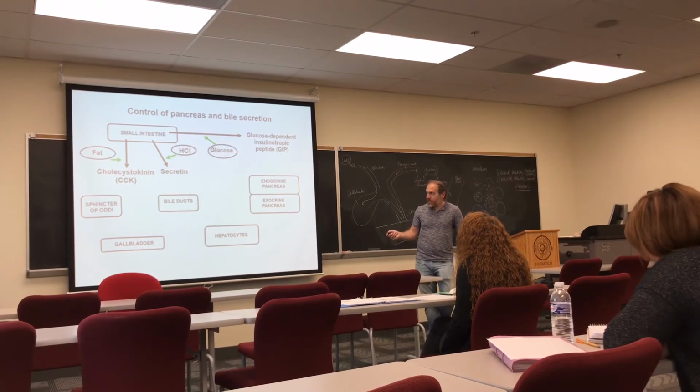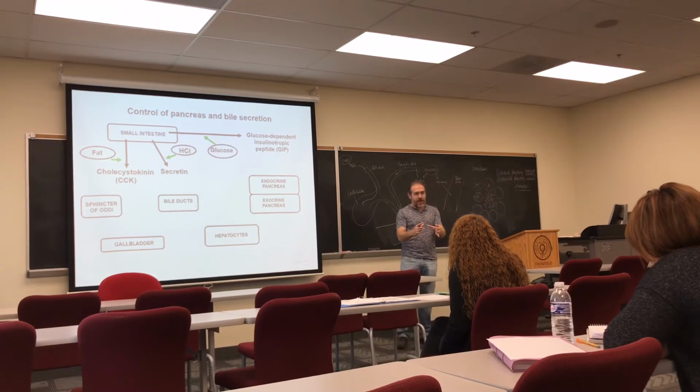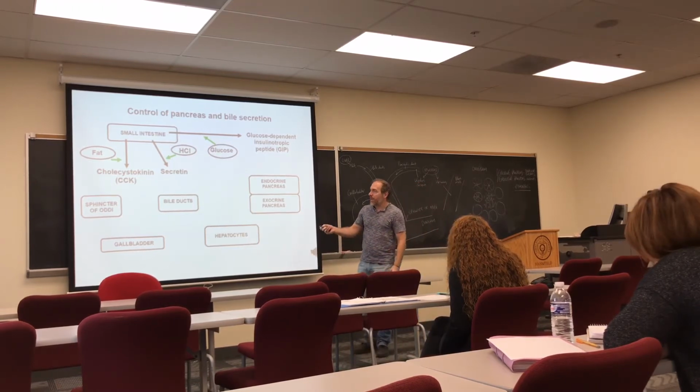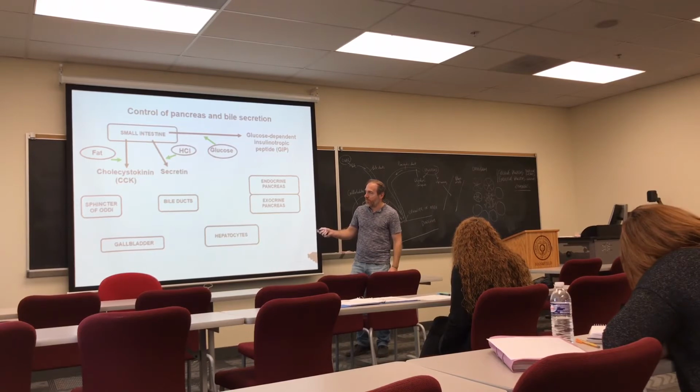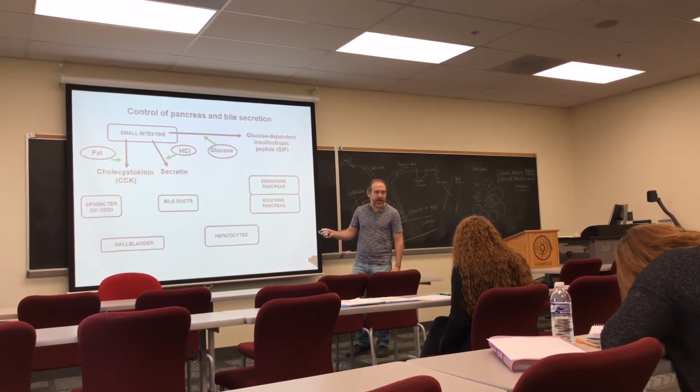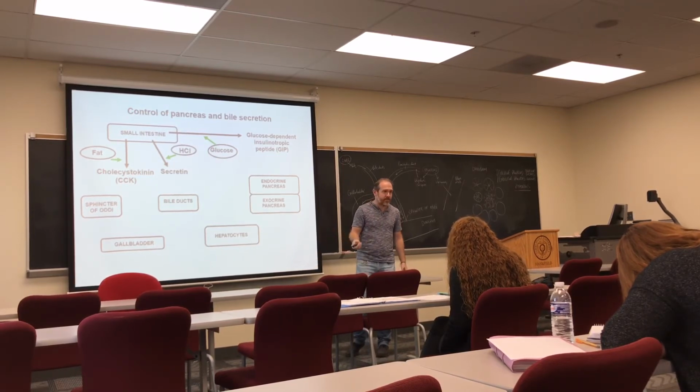Chole is related with bile. Cysto means like a bag in Latin. Kinin, movement. Cholecystokinin is a hormone that stimulates the movement of a bag that collects bile. The bag that collects bile is the gallbladder, right?